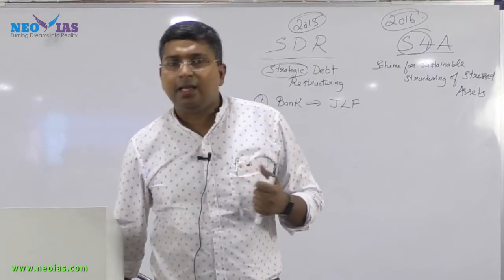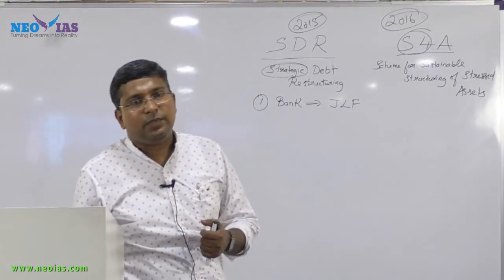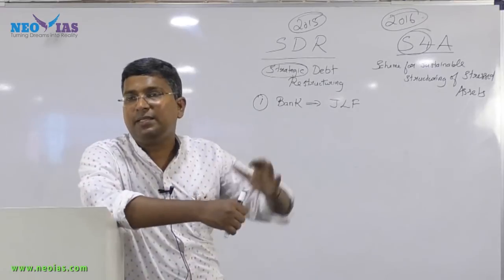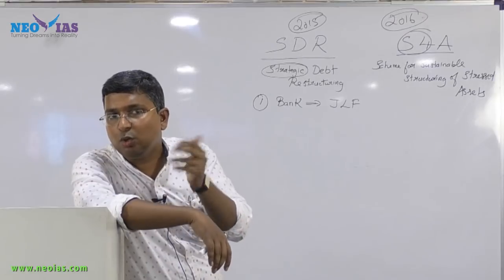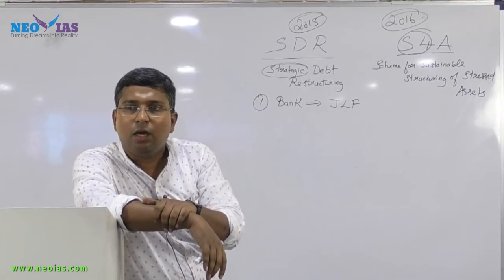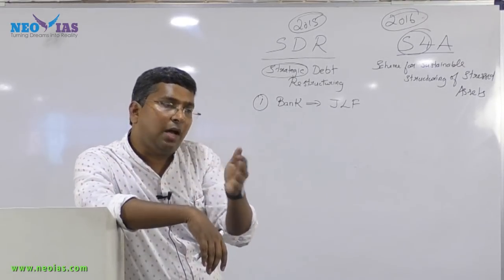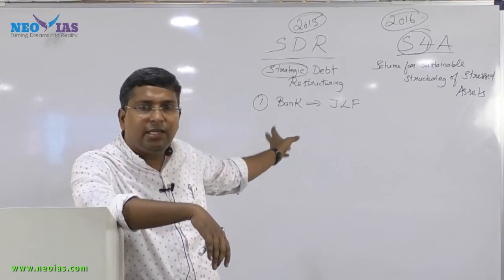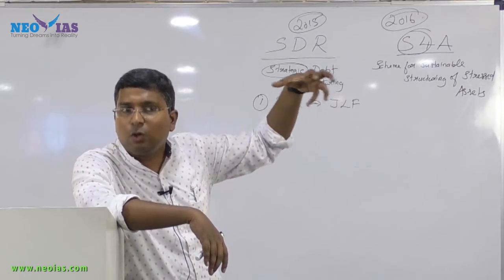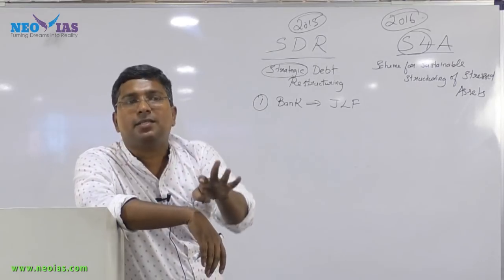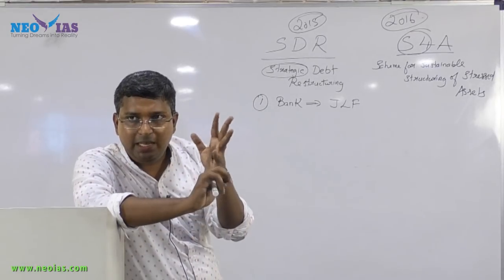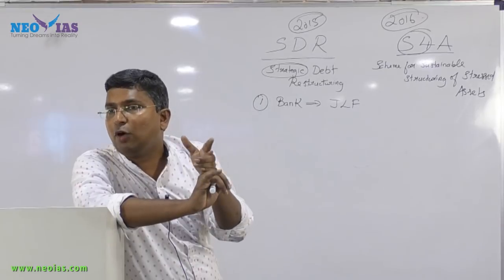In this scheme, simply, any company having huge non-performing assets, after consensus from this joint lenders forum, that is the group of creditors, will be dealt with. This forum will have only lenders. Be very clear, joint lenders forum is a forum of lenders.